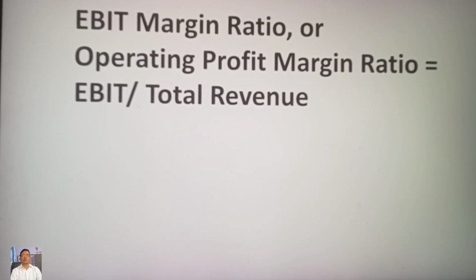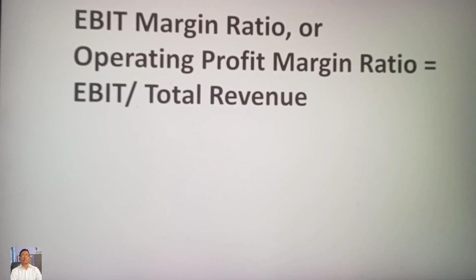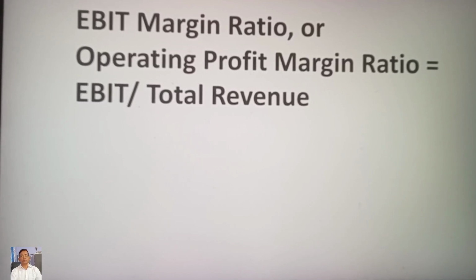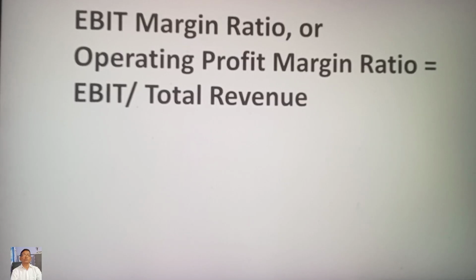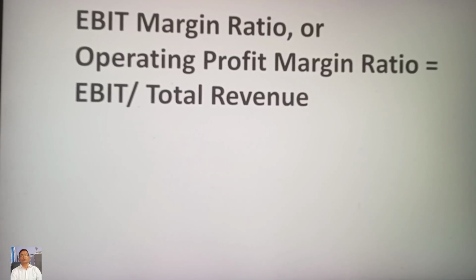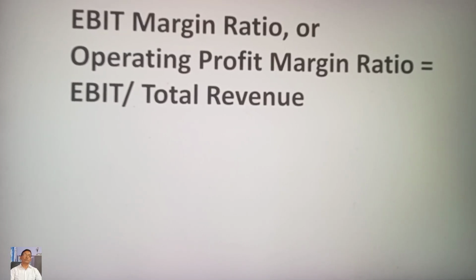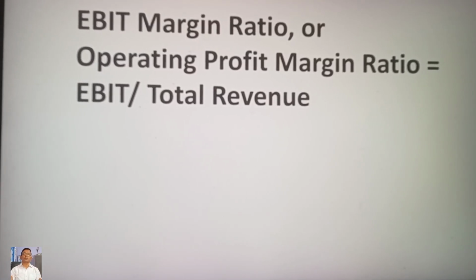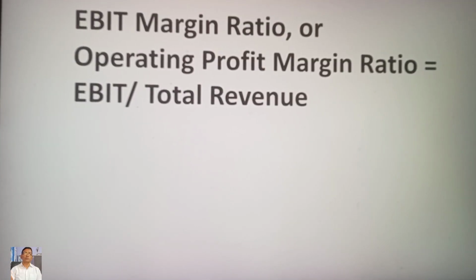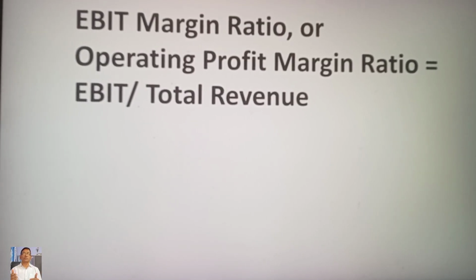So, EBIT margin ratio or operating profit margin ratio is equal to EBIT divided by total revenue. A higher operating margin ratio signals better expense control and operating leverage. If operating margin ratio or EBIT margin ratio declines, it suggests challenges in managing operating expenses.